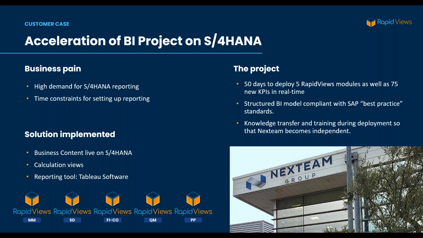Thanks to our business content, we installed MM, SD, FICO, QM, and PP directly on S/4HANA, using calculation views in this case, because they were using Tableau as a reporting tool. Very quickly, they were able to modify and reset up these 75 KPIs and provide to the end users this very strong semantic layer, so they could do whatever they wanted.